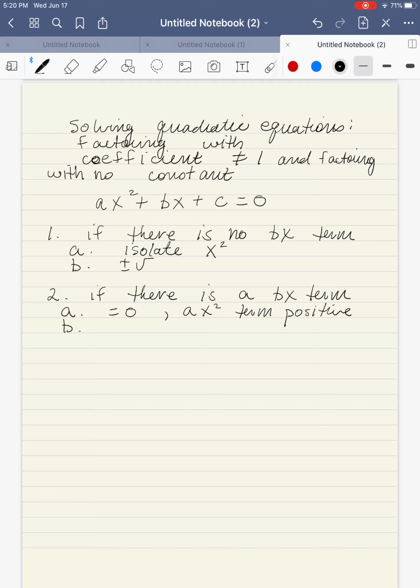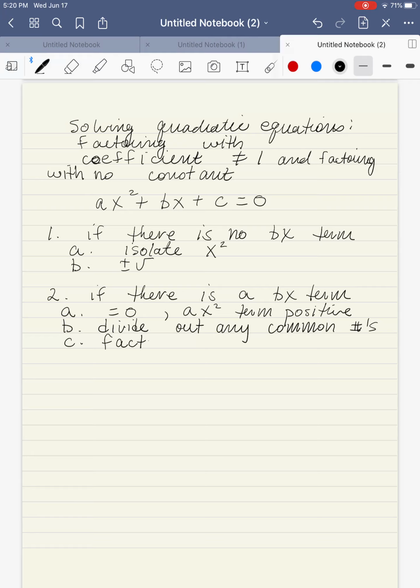And then, just to keep making our work easier, we're going to divide out, completely cancel out any common numbers. But we're only going to do that if it does not create fractions. That number has to be common to every single term without creating a fraction.